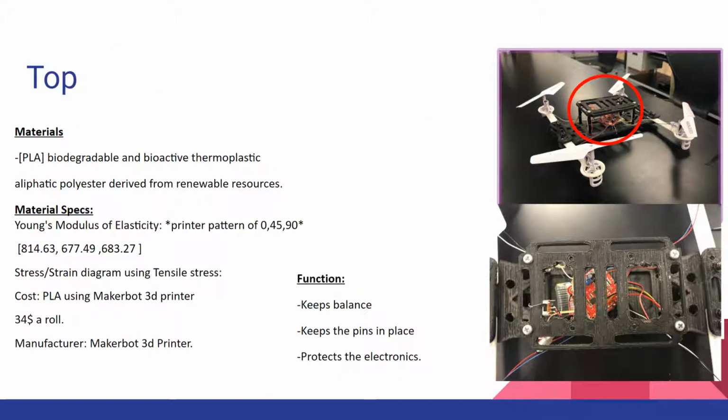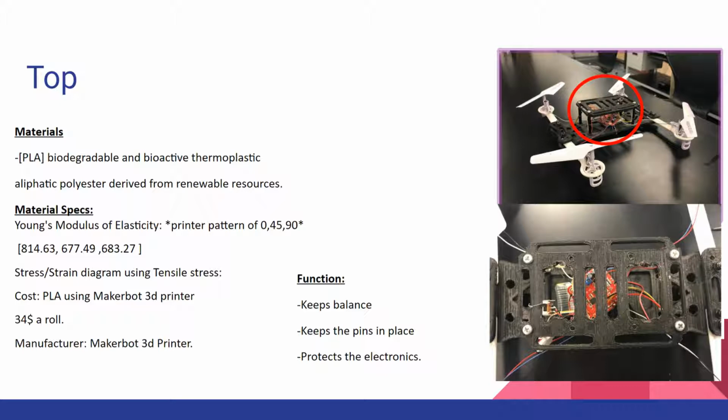So now we move on to our fourth part, which is the top. Again, it uses PLA, and something I wanted to mention is that PLA makes the drone environmentally friendly for users if it is no longer in use or reaches fracture. But by testing the material in modulus tests, it prevents future fractures.